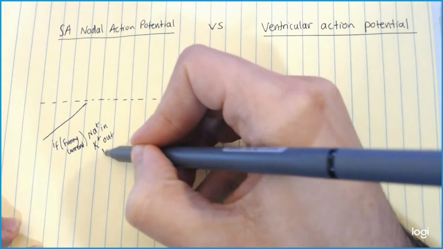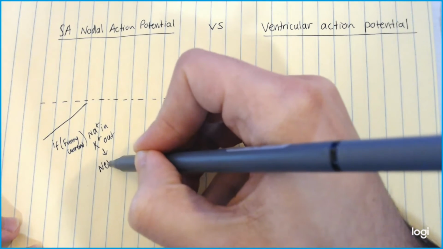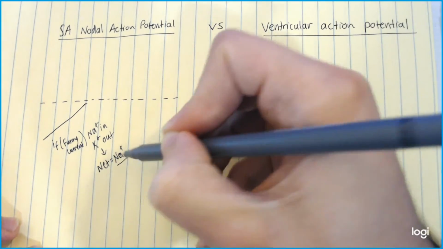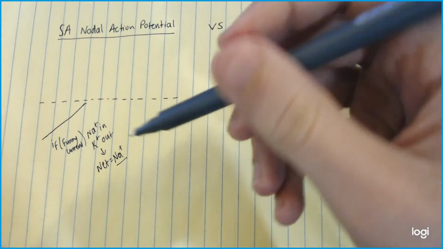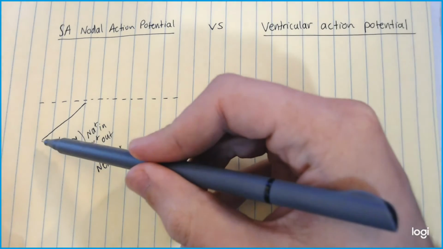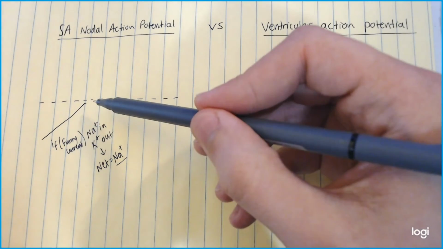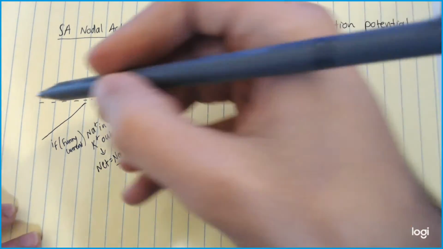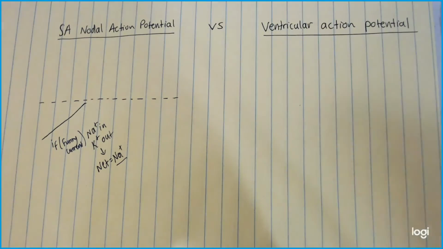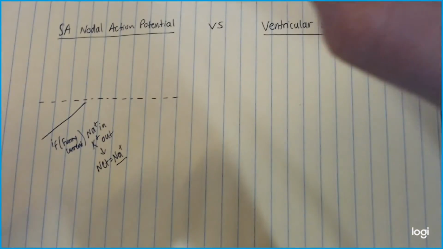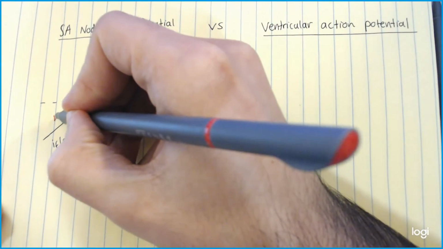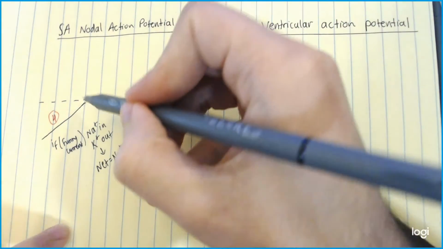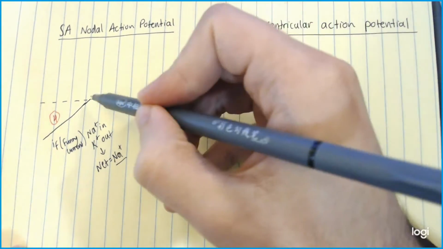And so the net effect is there's more sodium going in, and so you'll have net depolarization, and that's why you see this climbing depolarization for the beginning of the action potential. Okay, so that's the funny current, and that's phase 4. So we'll label that one 4.